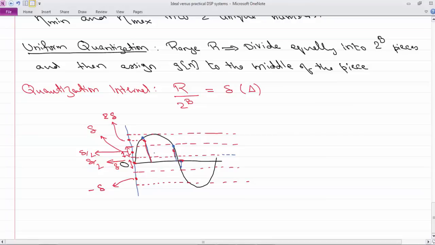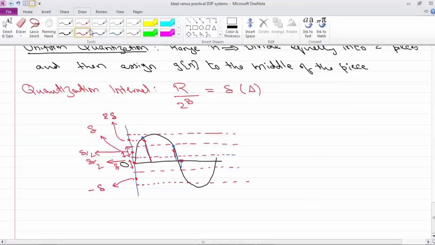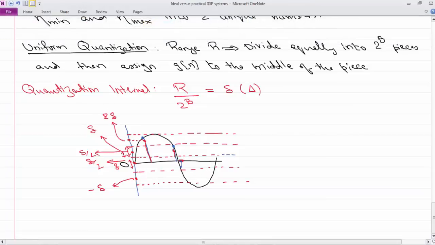If you take a sample anywhere in this range, let's say it is here, what your ADC will record, regardless of the value of the sample at this point, is, this time, a higher value than the truth.